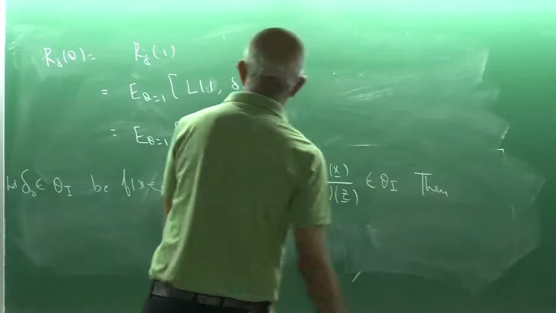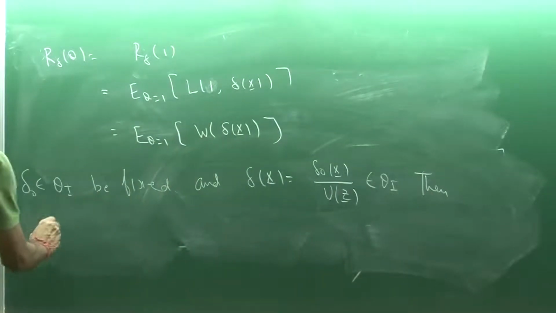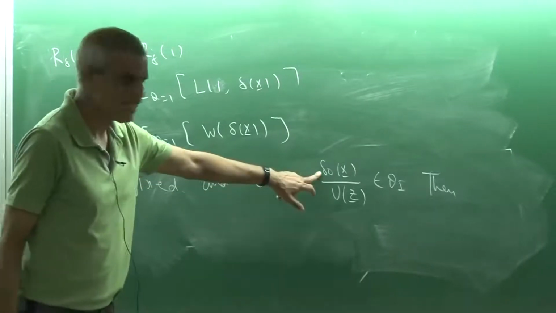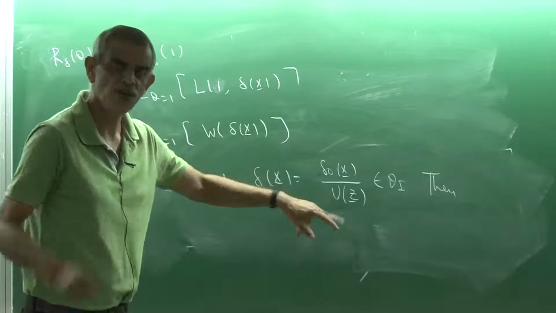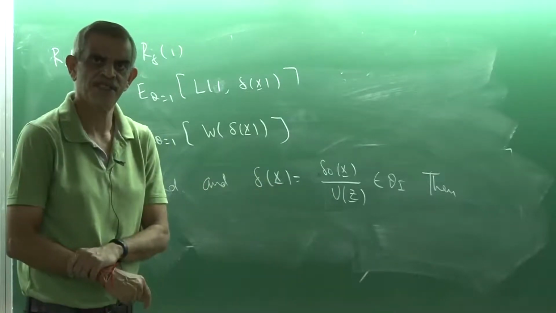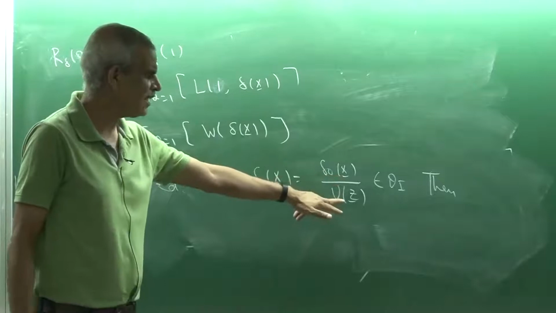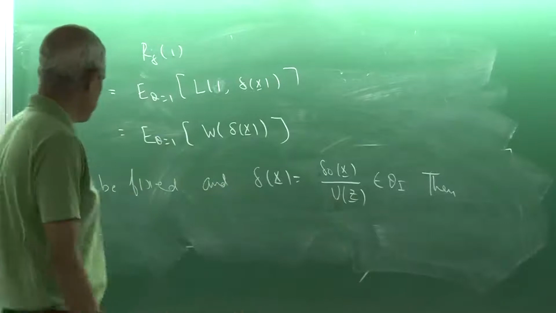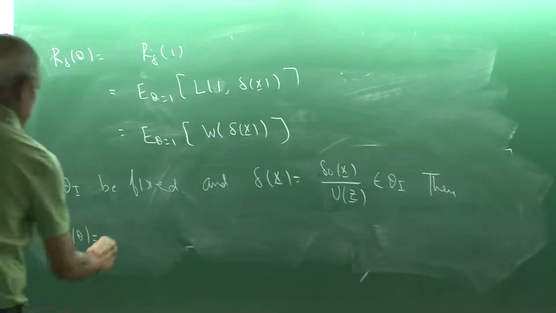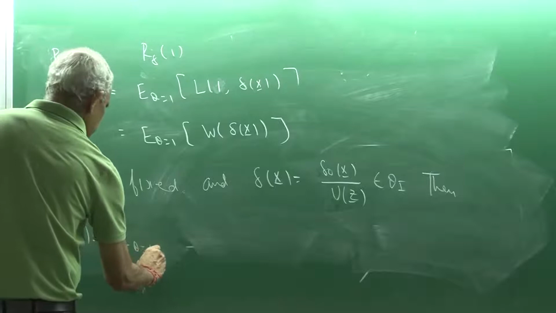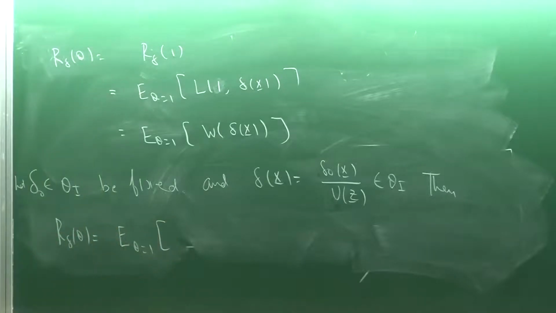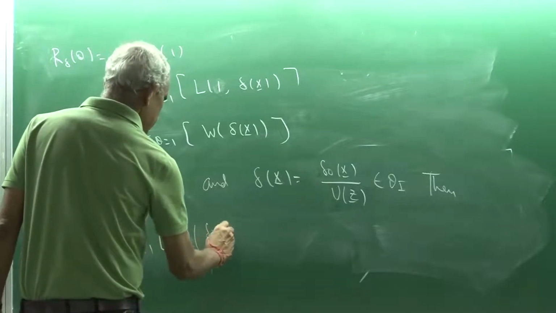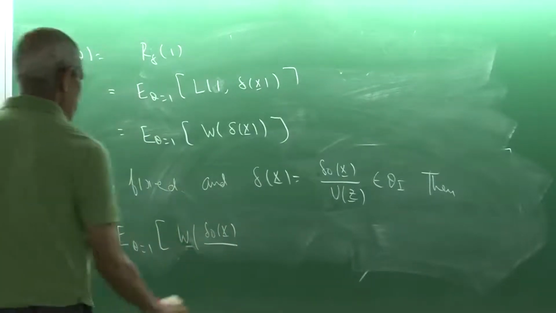Then what is r delta theta? So delta naught is fixed. So as you vary your function u, you get different invariant estimators. So that means the only varying quantity over here is u. As you vary u, you get different invariant estimators. So R delta theta is nothing but E theta of W of delta naught x, so that means same as W of delta naught x by U of z.